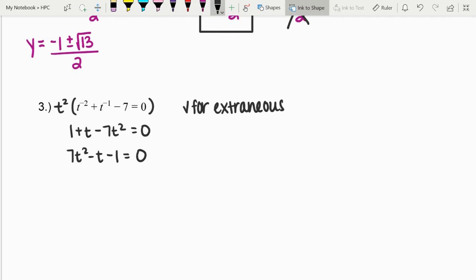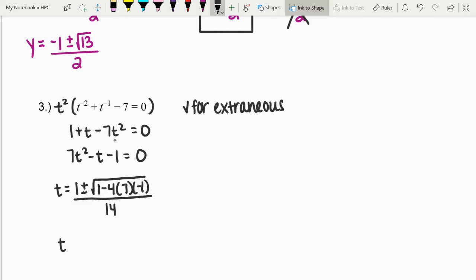This again is not factorable, so let's go ahead and use the quadratic formula. So I have t is equal to 1 plus or minus the square root of negative 1 squared, which gives me positive 1, minus 4 times 7 times negative 1, divided by 2 times 7, which is 14.